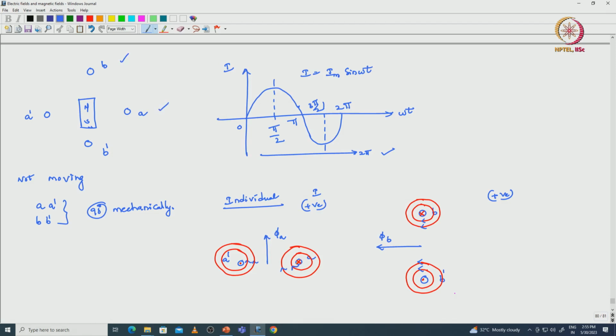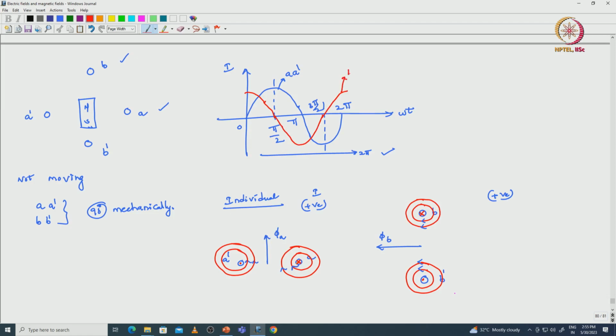With respect to the last class, we have considered the coils A dash and B dash, and these two coils are mechanically displaced by 90 degrees. But now we will give different excitation to A dash and B dash. The blue one is the excitation to coil A dash, and the B dash coil will be excited with a 90 degree phase shifted current waveform.